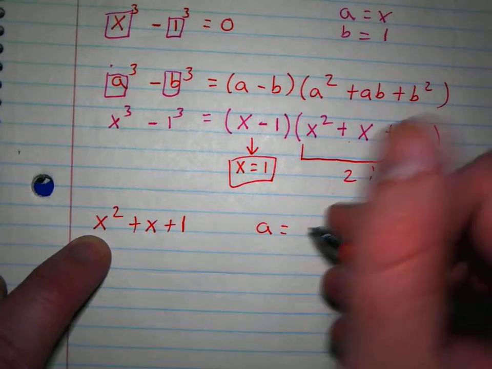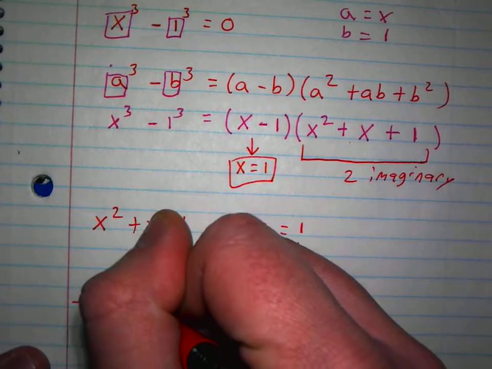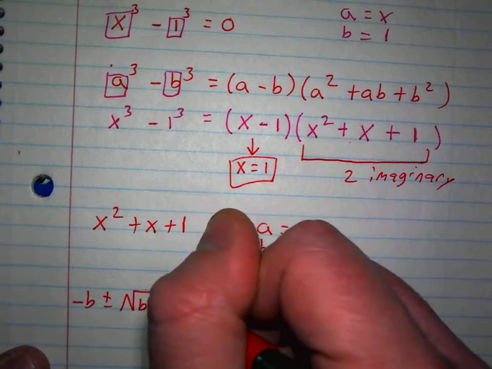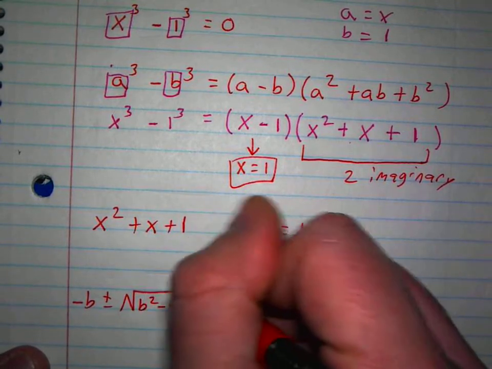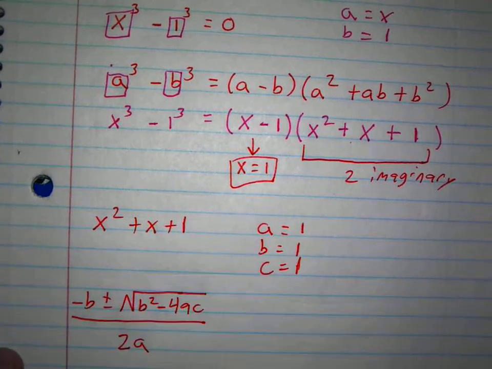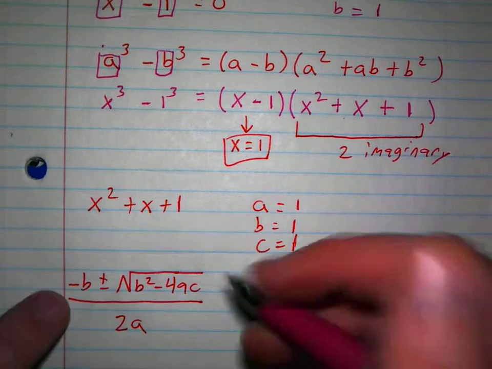So what is A? A is 1. B is 1. And C is 1. And then the formula is negative B plus or minus the square root of B squared minus 4AC, all over 2A.